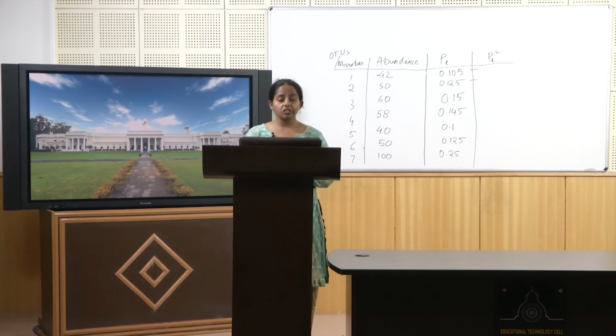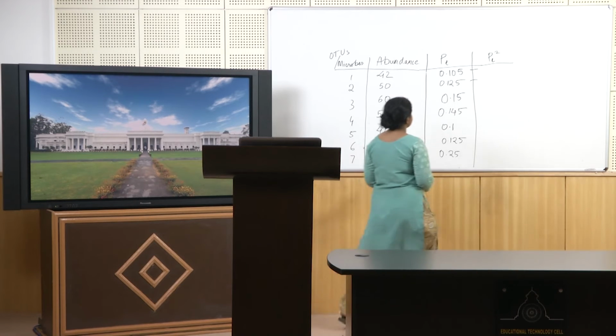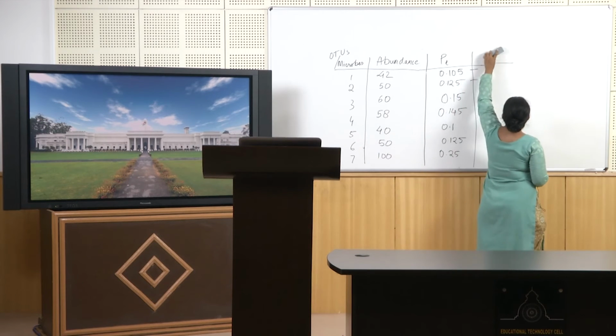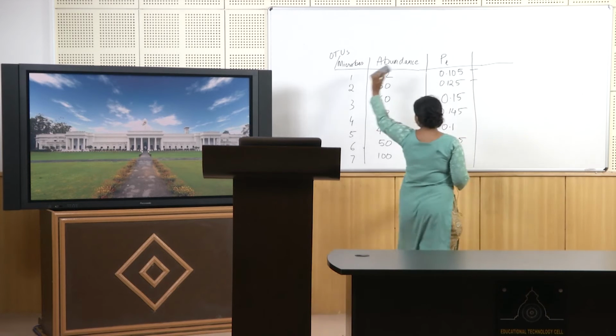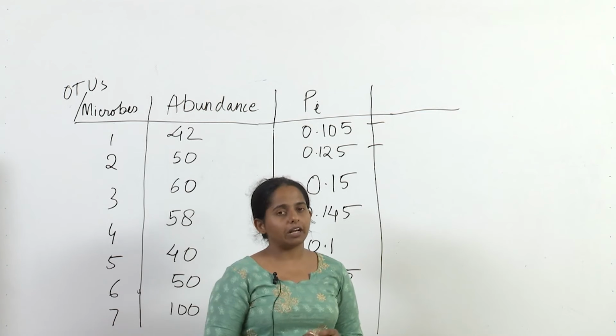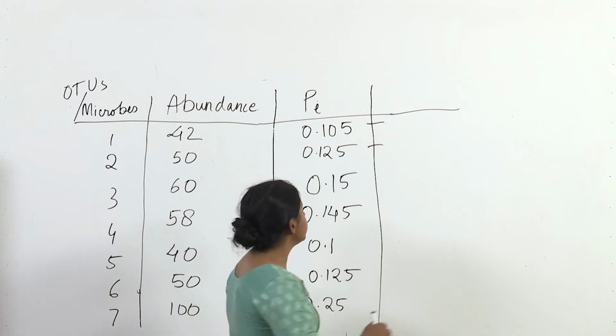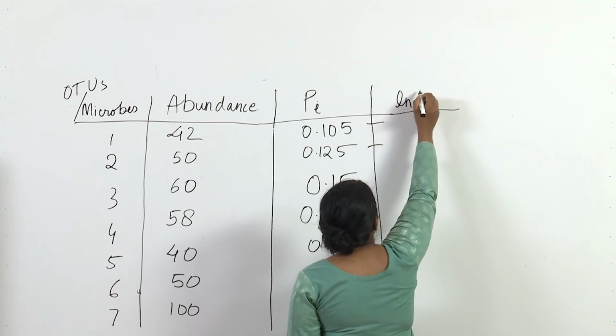So to calculate the Shannon-Wiener index, you need to find the logarithm of pi, and the standard way is using natural log. So you need to find the natural log of each of these pi.